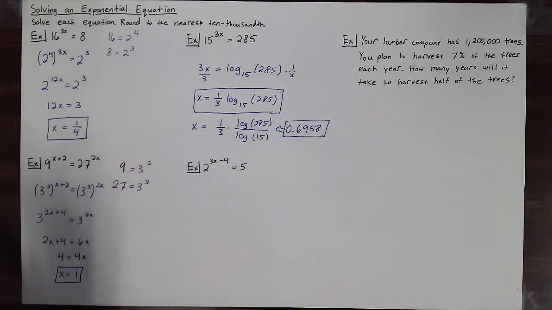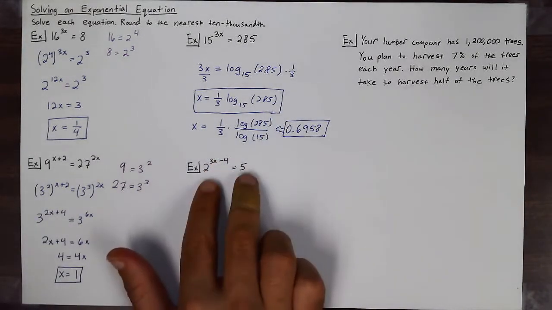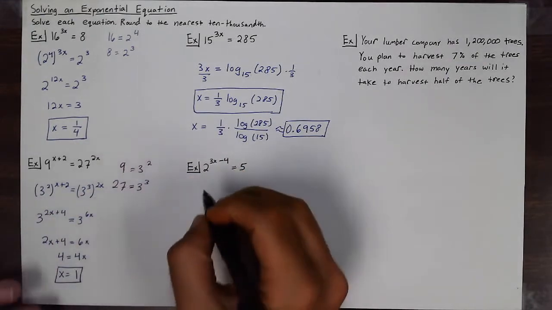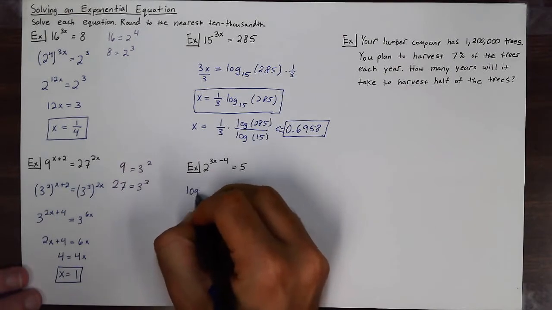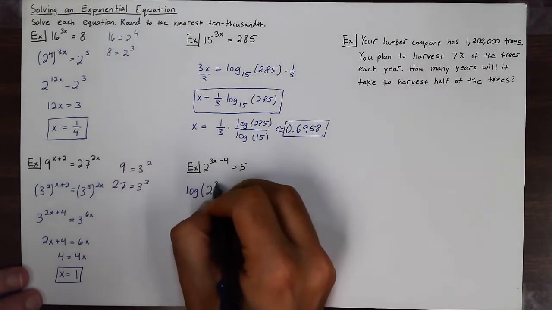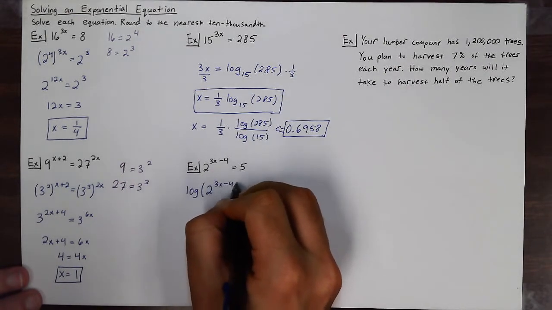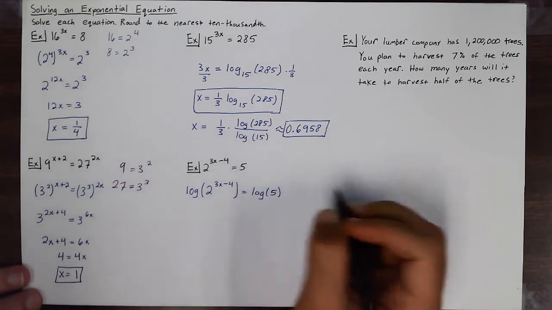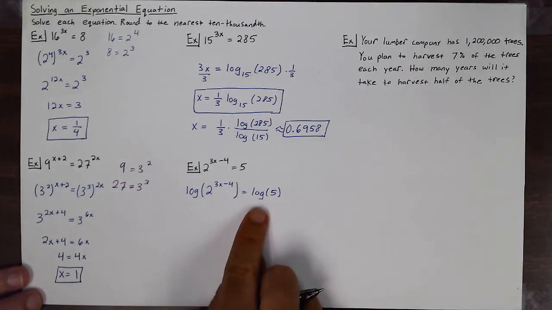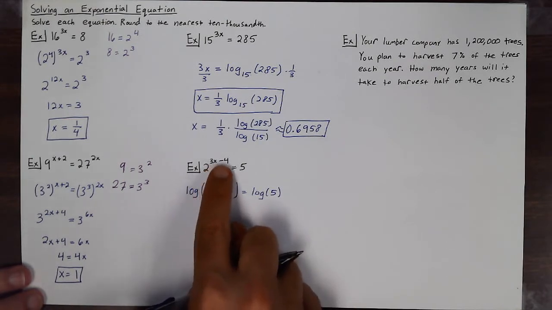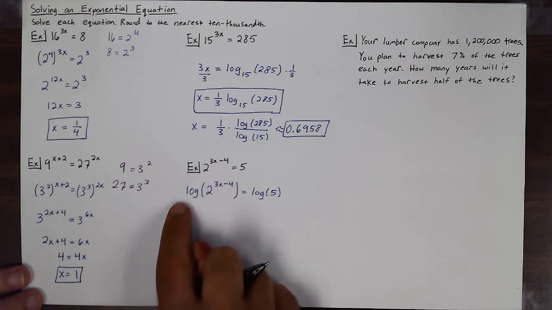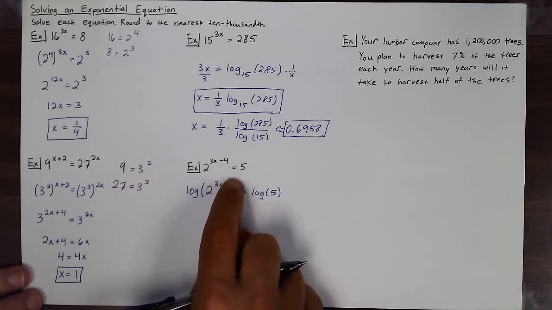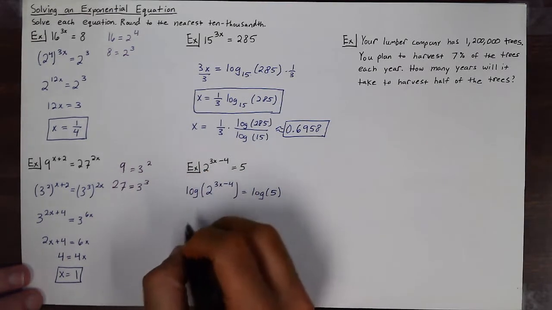Now, another method for solving these types of exponential equations where you can't find a common base is to just take the log of each side of the equation. The reason why this works so well is that since the variable is in the exponent, if it's inside of a log, there's that log rule that allows you to pull the exponent out in front of the log.